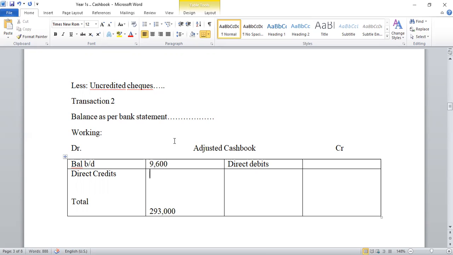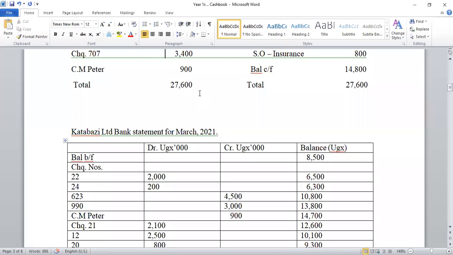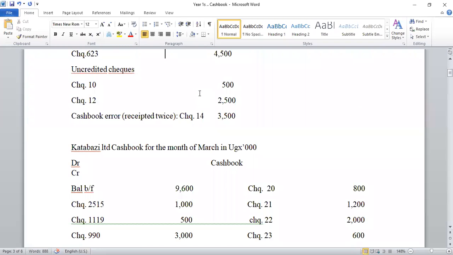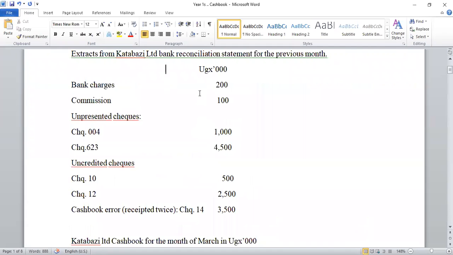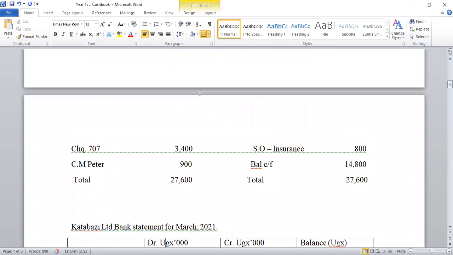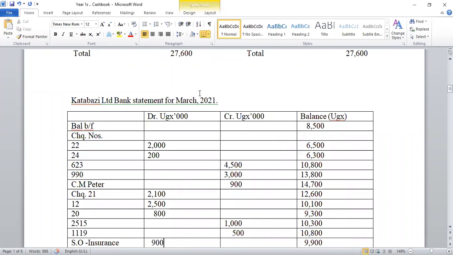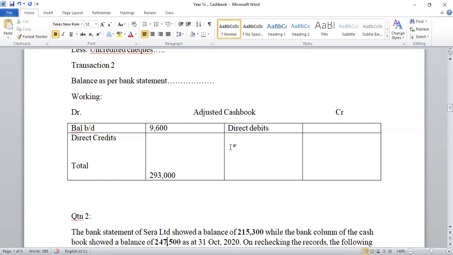Then what else? We're also given some more information. We're told we have direct debits and direct credits. So we have bank charges, the direct debit 200. Come and pass it. Bank charge, I have 200.